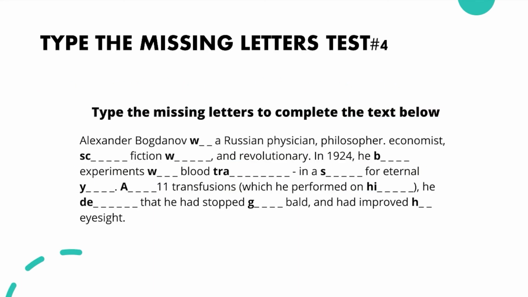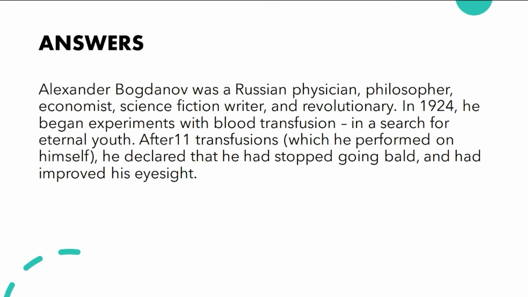So there is a fourth example, which is related to history, Alexander Bogdanov. Solve it firstly, then you will be given answers. So let's move to the answer of this. Alexander Bogdanov was a Russian physician, philosopher, economist, science fiction writer, and revolutionary.